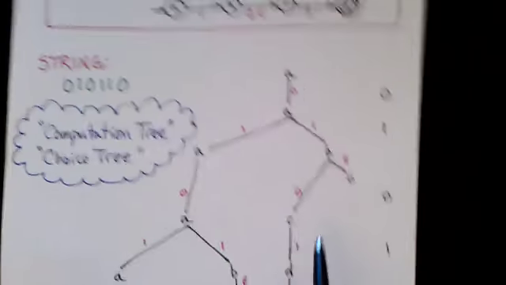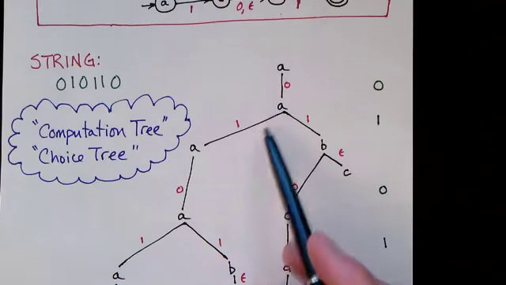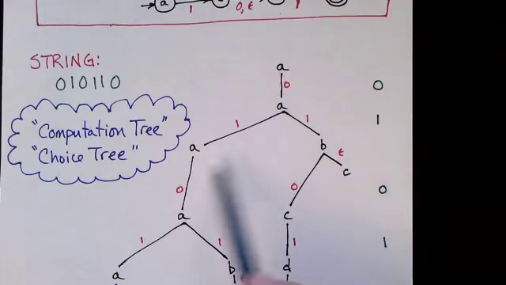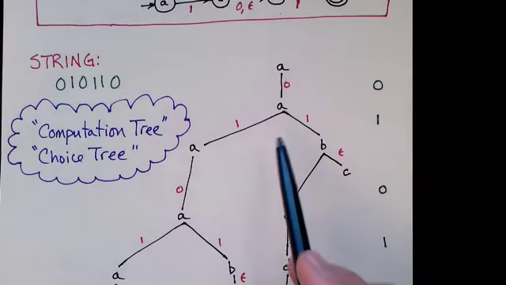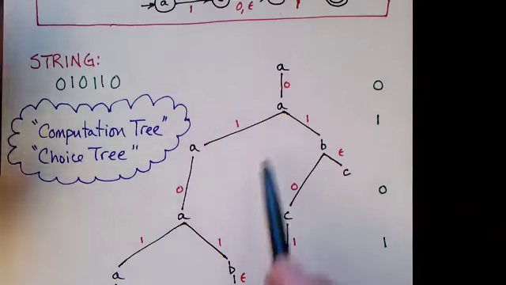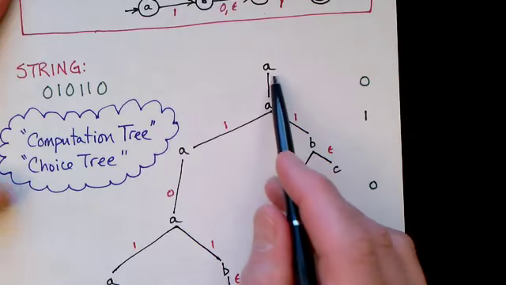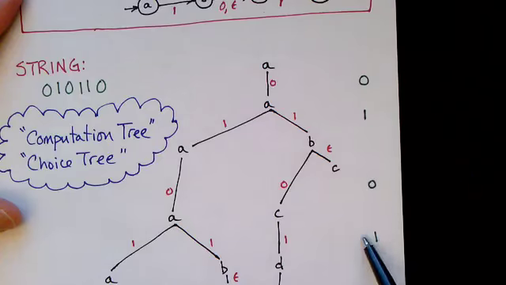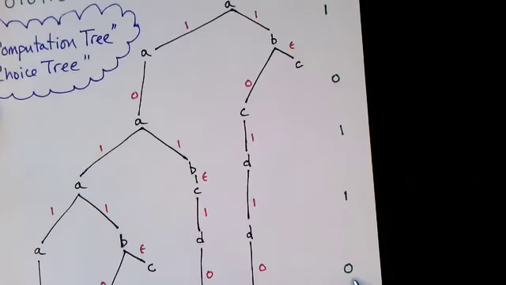Now I've drawn down here the choice tree again, and I've fleshed it out in full detail. Sometimes this is called a computation tree, same thing. So let's see how this works. Over on the right side, I've got my string 0, 1, 0, 1, 1, 0.